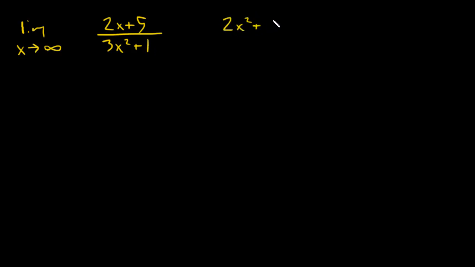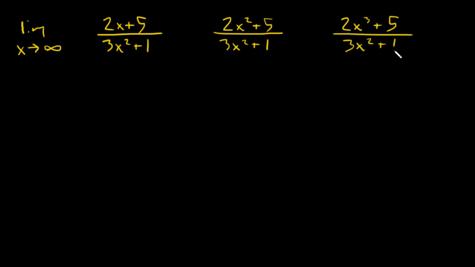Let's do the limit as x approaches infinity of, here we go, 2x plus 5 over 3x squared plus 1, and then 2x squared plus 5 over 3x squared plus 1, and then finally let's do a third function, 2x cubed plus 5 over 3x squared plus 1.